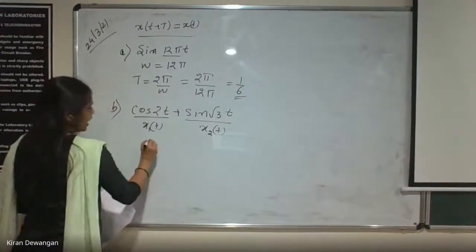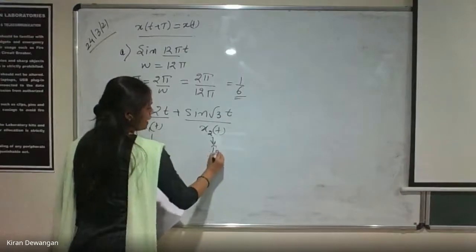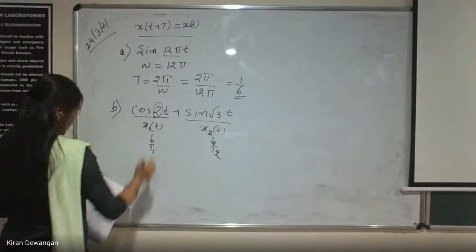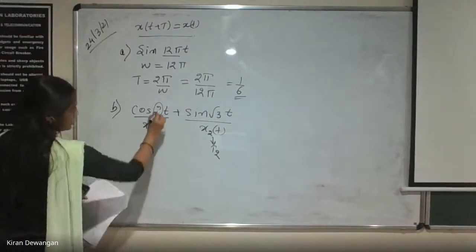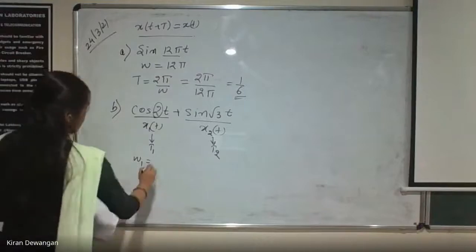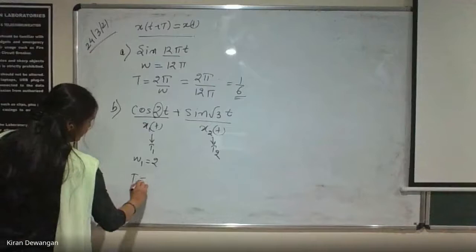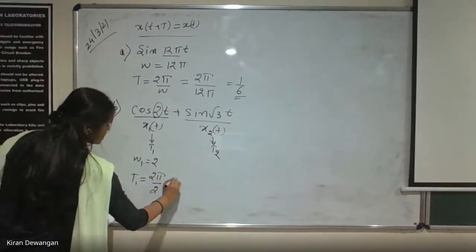For this I have to find T1, and for this I have to find T2. What is omega here? In this case omega 1, if I take sin omega t, is just 2. So T1 is 2 pi by 2, so it is just pi.